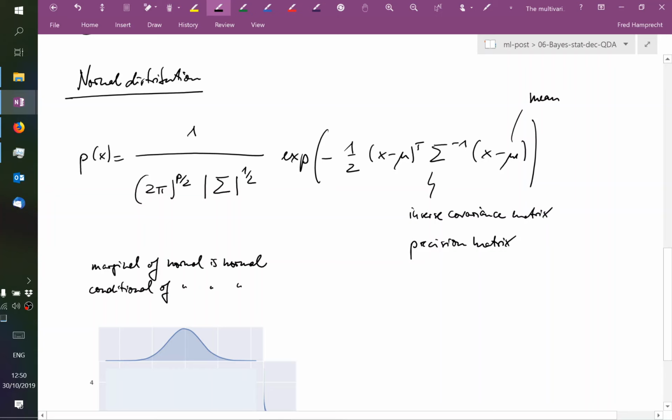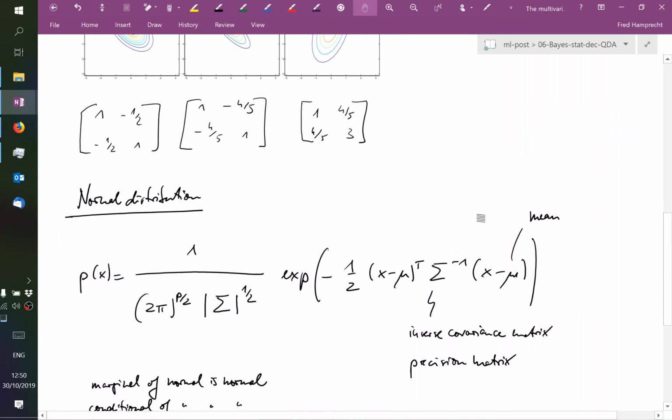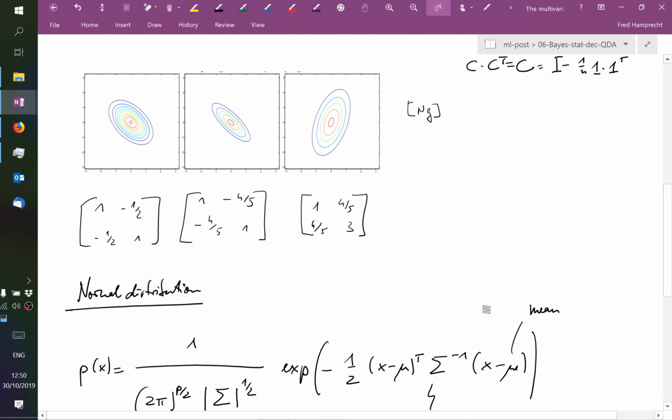Yeah, so for example here, x could have two components, and if I now fix one of these components, so let's say I'm now conditioning on x1 being minus 0.5, for example, then if I now look at the conditional distribution along this line, I will again find a Gaussian.